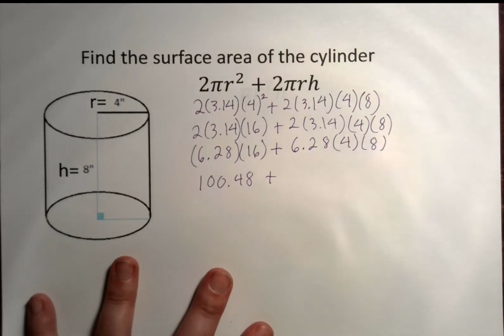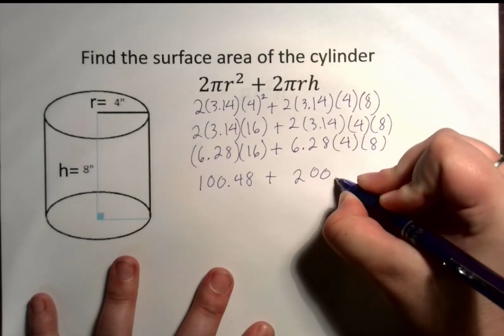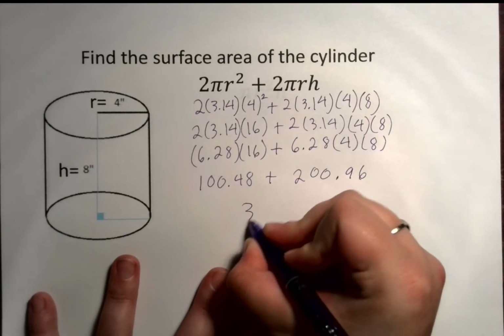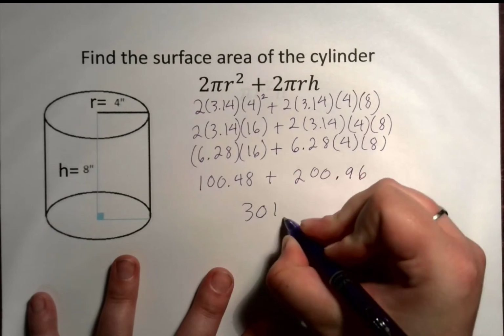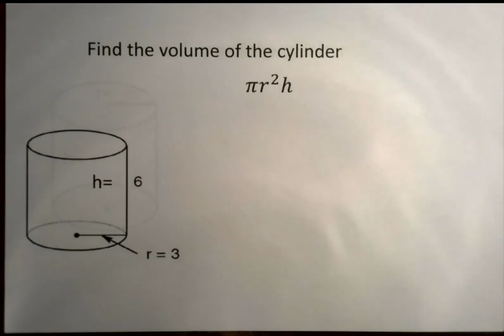So 6.28 times 4 times 8, which is 200.96. And then we're going to add those two numbers together, which is 301.44. All right, so now we're going to talk about finding the volume of a cylinder.